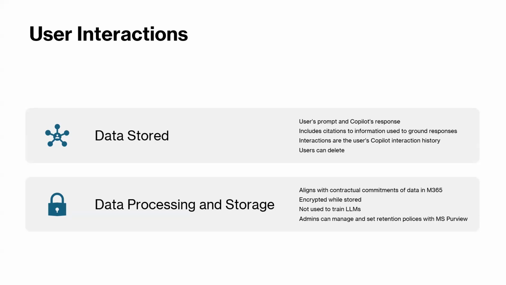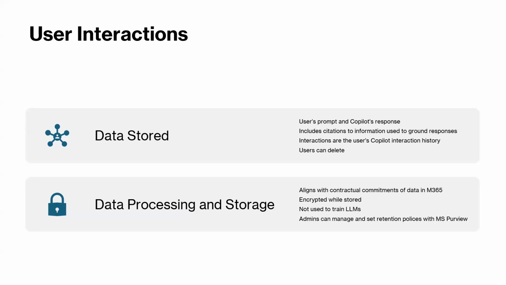That's the only data that is stored. And it's stored much like browser history is stored. If you've used Copilot, you'll see that it's called a Copilot interaction history. Those interactions make that up. And like you can do with browser history, the users can delete it.